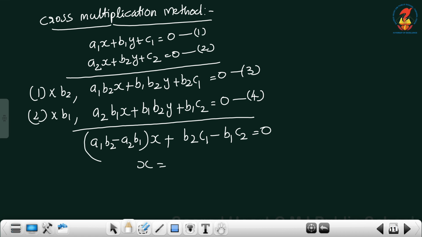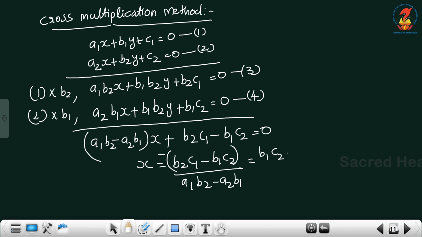Therefore x is equal to b2 c1 minus b1 c2 divided by minus of a1 b2 minus a2 b1. Then you can write it, the negative sign multiplied by these terms, it will become b1 c2 minus b2 c1 divided by a1 b2 minus a2 b1.